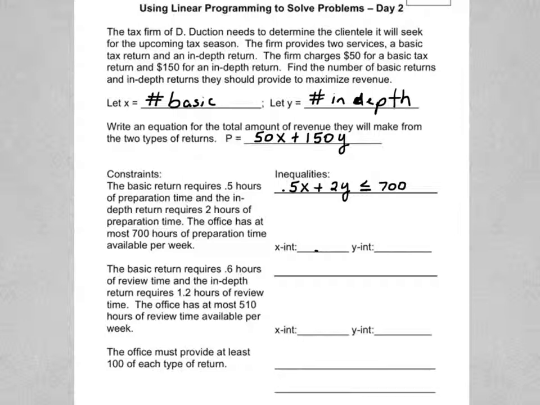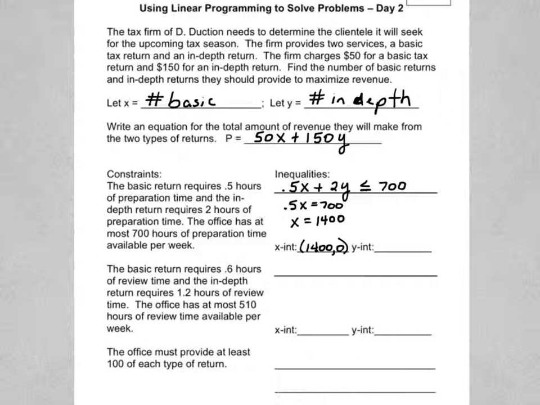So in the x-intercept, y is equal to 0, so you have 0.5x equals 700. And when you divide by 0.5, that's like dividing by a half, it doubles the quantity. So your x-intercept is at 1400, which will be 1400, 0.